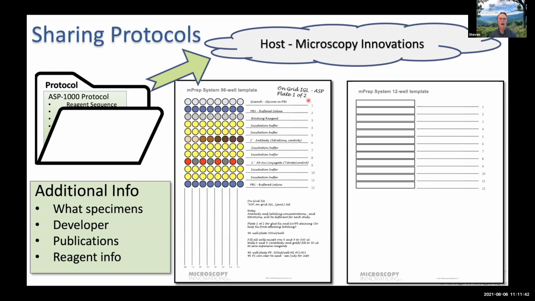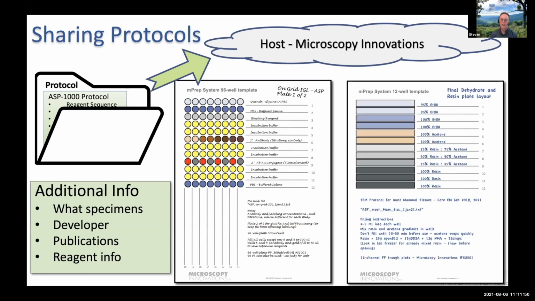In this case, an on-grid immunogold labeling protocol with titrations and controls, all filled out with additional notes. And this particular one is a plate layout for final dehydration and resin infiltration, where all the specimens receive exactly the same reagent sequences.